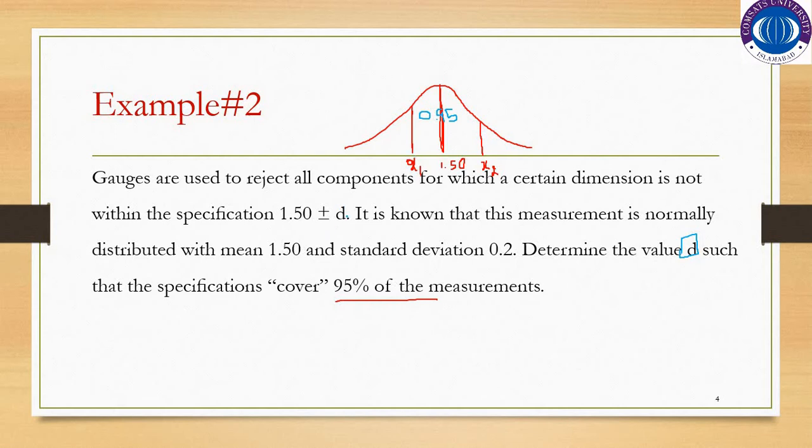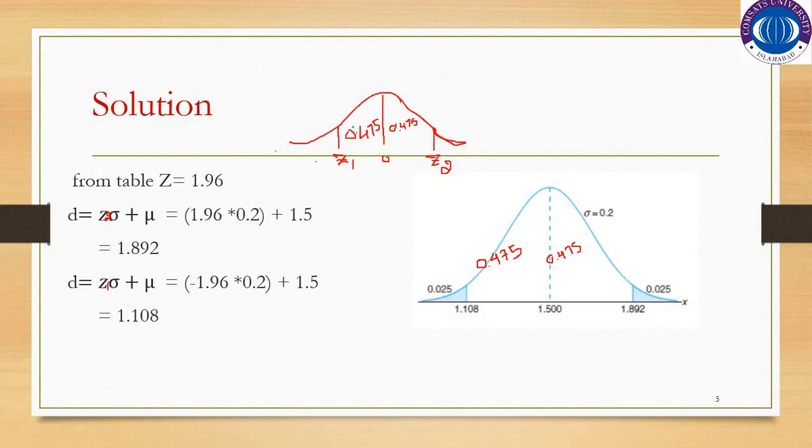As the same value is added and subtracted, the magnitude will be same on both sides. So we can split this whole area 0.95 into two parts: 0.95 divided by 2, which is 0.475. So this is 0.475 and this is 0.475.